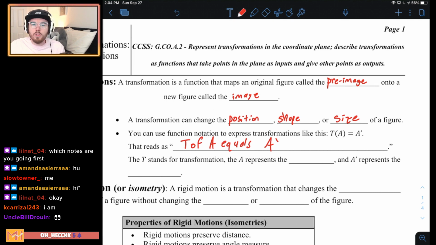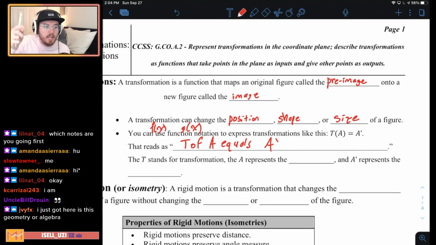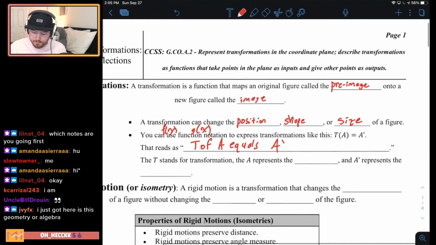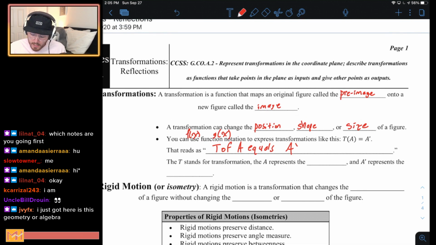You've seen function notation in algebra with f of x and g of x. Those were functions, function f, function g.